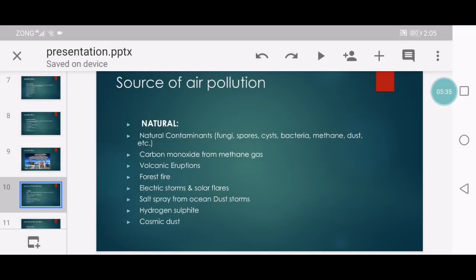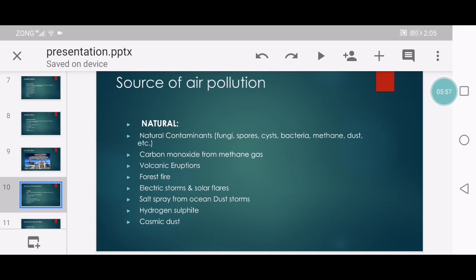What are the sources of pollution? Some air pollution comes from natural sources like volcanic eruptions and sea salt spray, but most air pollution results from human activities such as burning coal, oil, and wood. Here are natural sources.